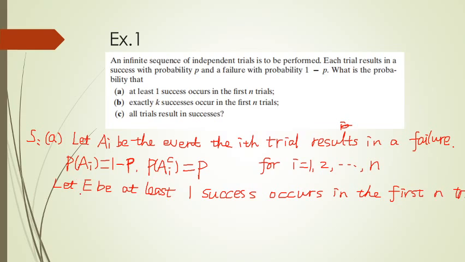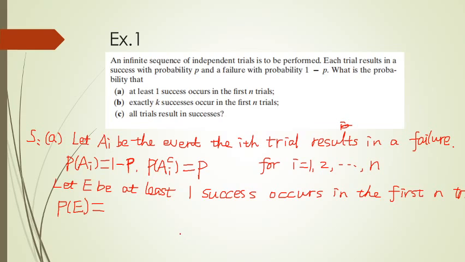So we are going to work out the probability of event E, right? At least one success occurs in the first n trials, which means you can have success one time, right? One time, two times, until n times, right?